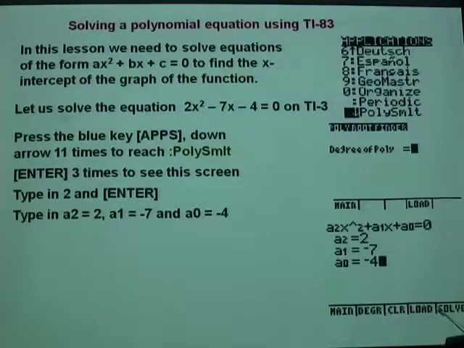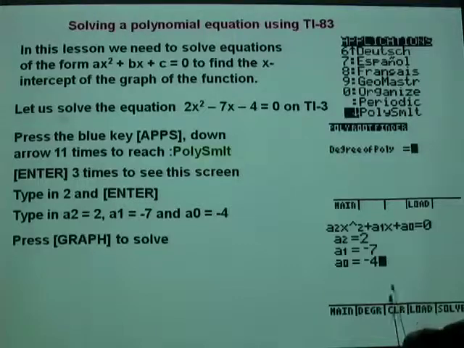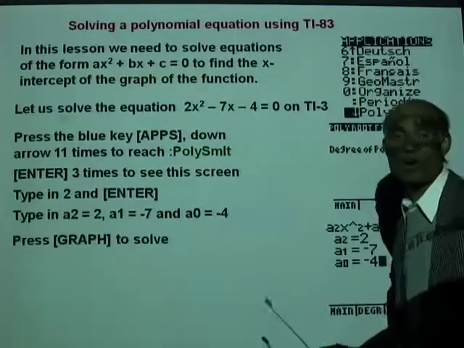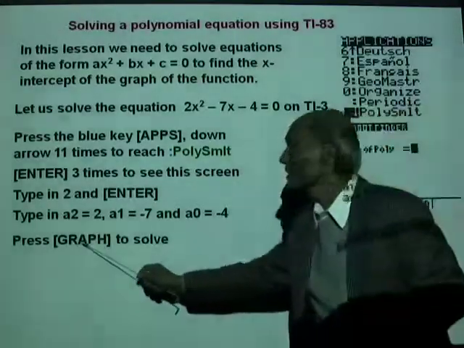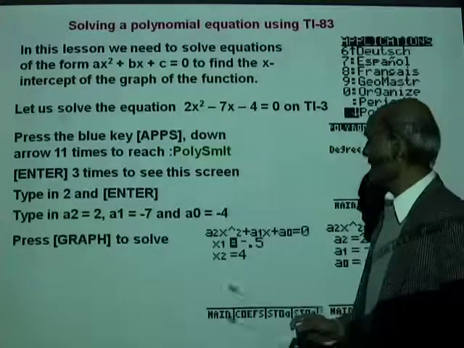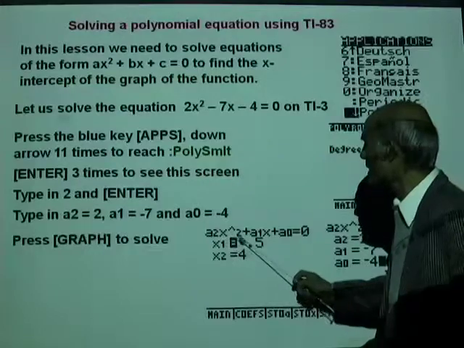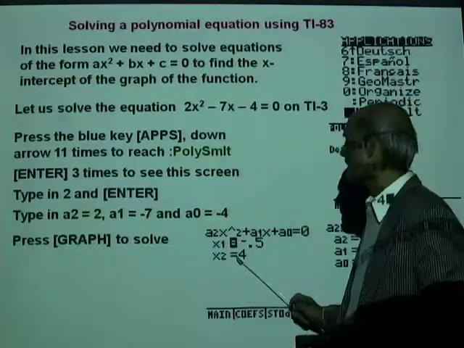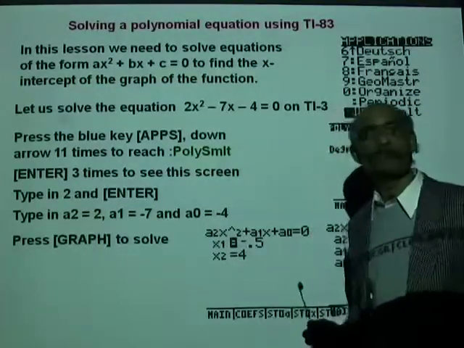Then I want you to look at the bottom right hand side, solve. So press graph to solve. In fact, the graph key is the same as solving. And there you get x1 equal to -0.5 and x2 equal to 4.